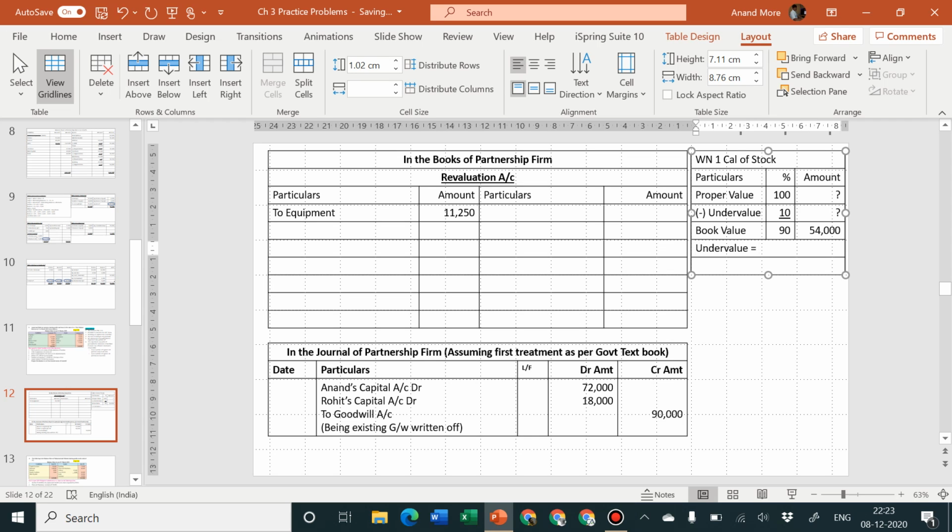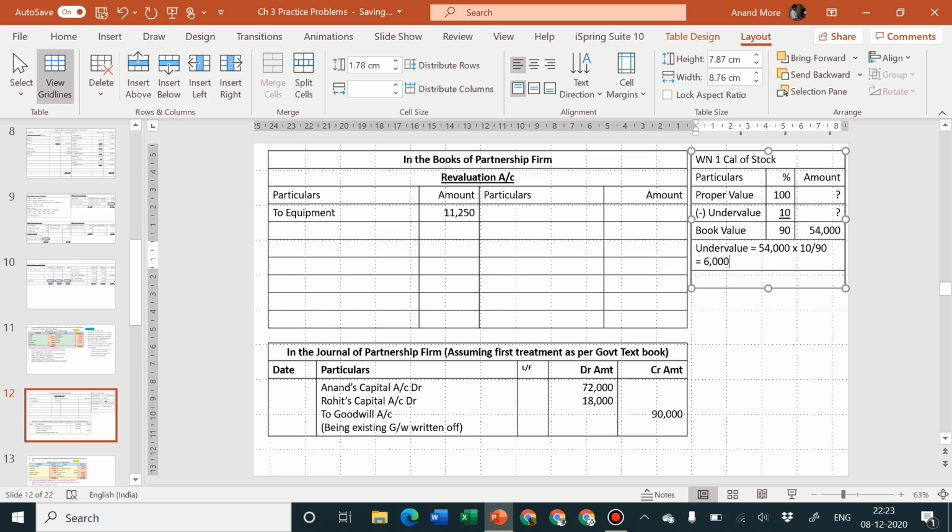Undervalue is equal to 54,000 into 10 upon 90, is equal to how much? Calculate it quickly. Is equal to 6,000.